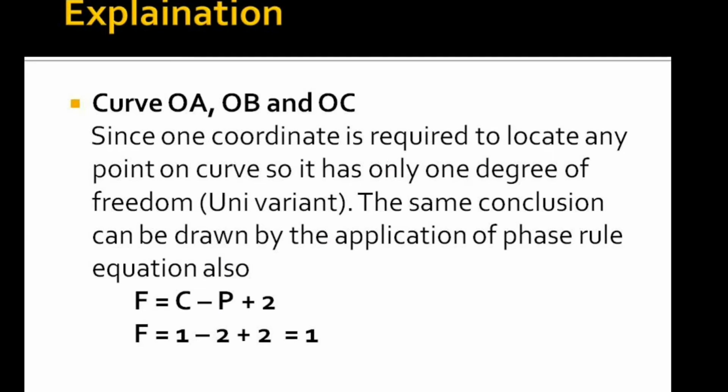Now put these values, what we get? F is equal to 1 minus 2 plus 2, that is F is equal to 1. That means these curves are univariant. We expect F is equal to 1, and the same conclusion can be drawn by the application of phase rule.